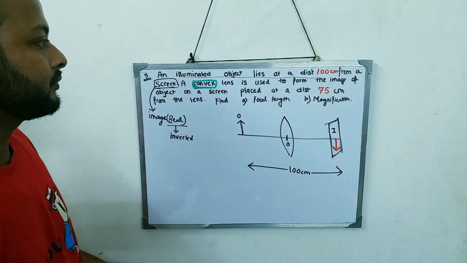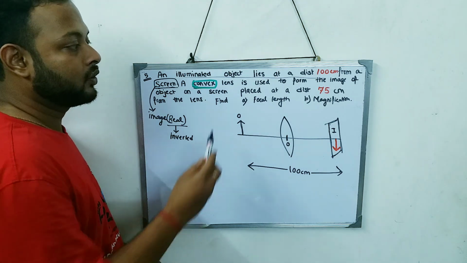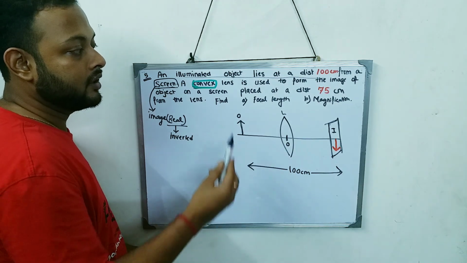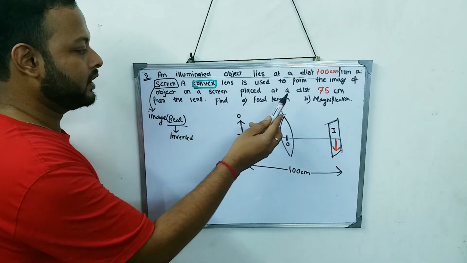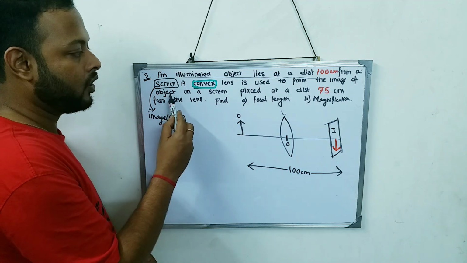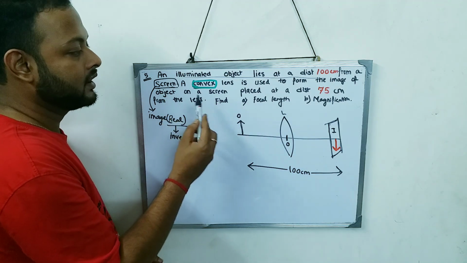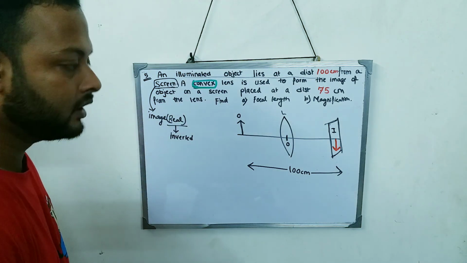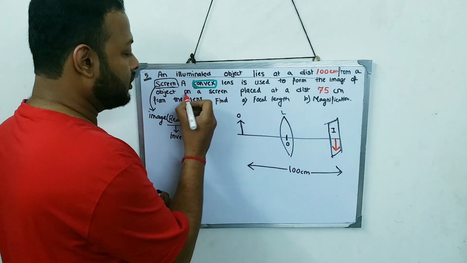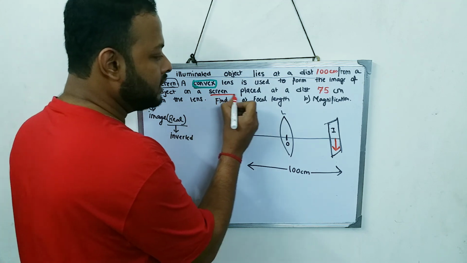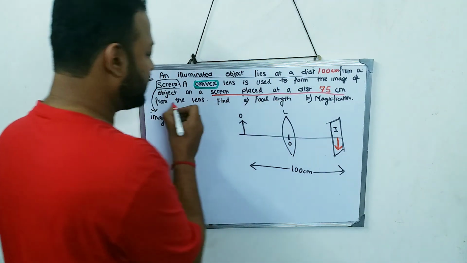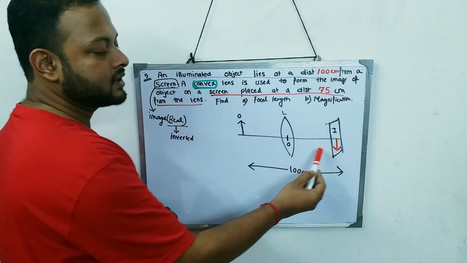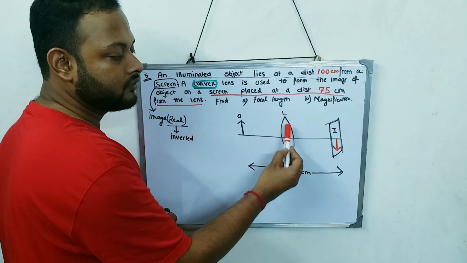Now let's see the second line. The convex lens that we are using, suppose this is my lens, is used to form the image of the object on a screen placed, very important, read this line, a lot of confusions are there, at a distance 75 centimeter from the lens.